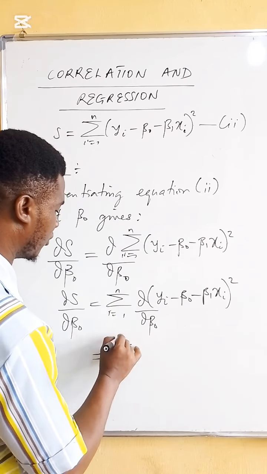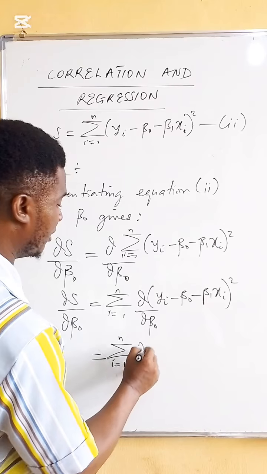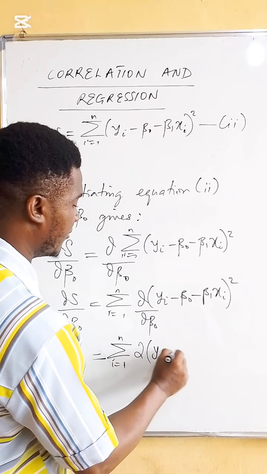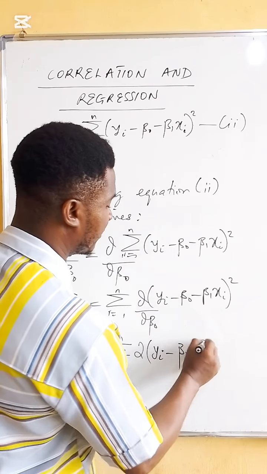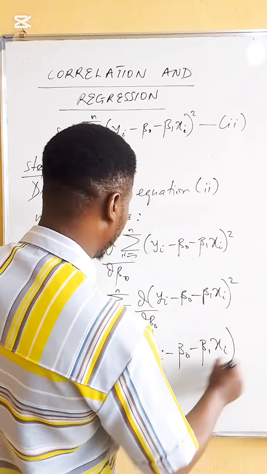Since this is a function of a function case, it will be preferable for us to start by differentiating the mother function outside. So I'll do that first to get 2 in bracket (yi minus beta naught minus beta 1 xi) when differentiating the outer function. And that will be 2 minus 1, which of course is 1.